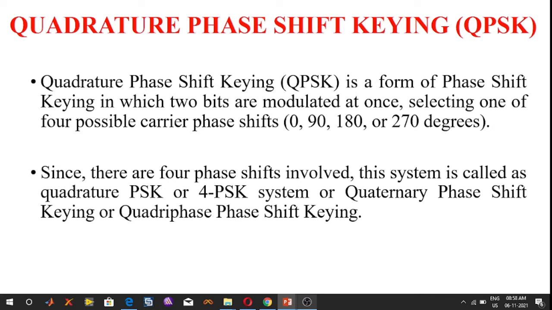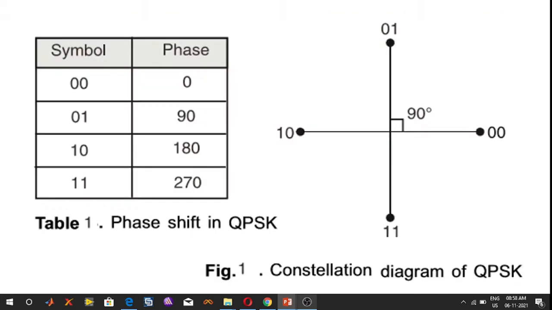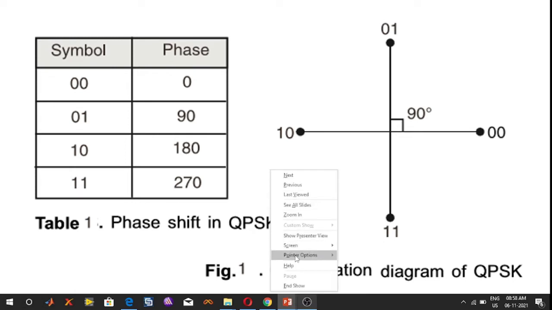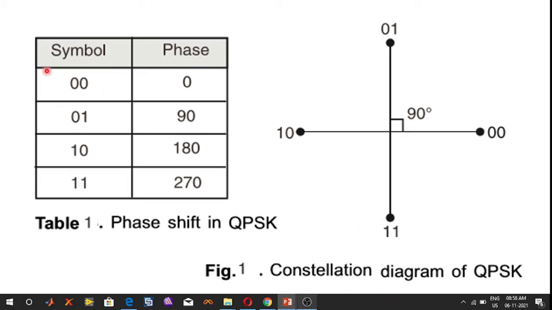These symbols are transmitted by transmitting the same carrier at four different phase shifts. Those four different phase shifts are shown in this table and figure. Two bits are transmitted at a time. And what are the two bits? 0 0, 0 1, 1 0, 1 1 are transmitted.